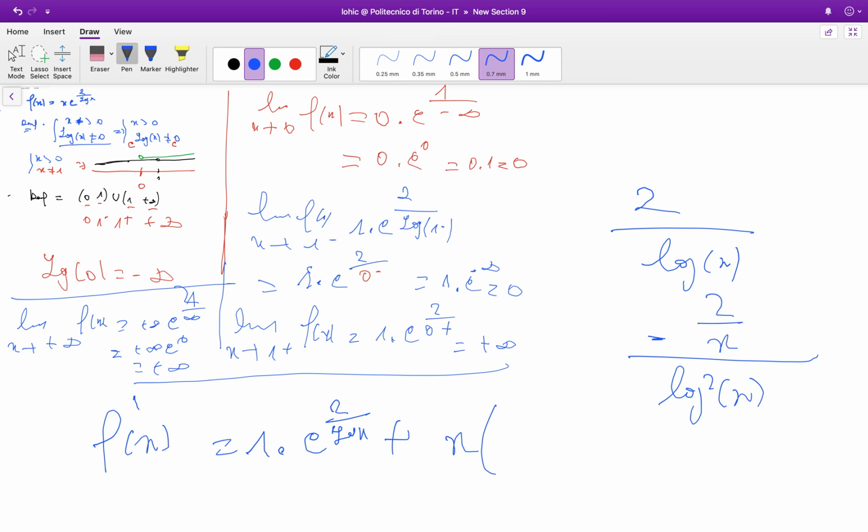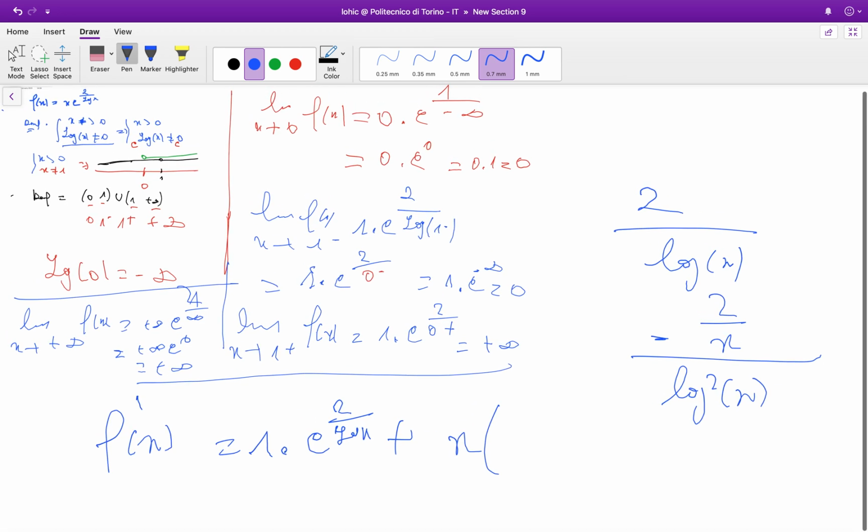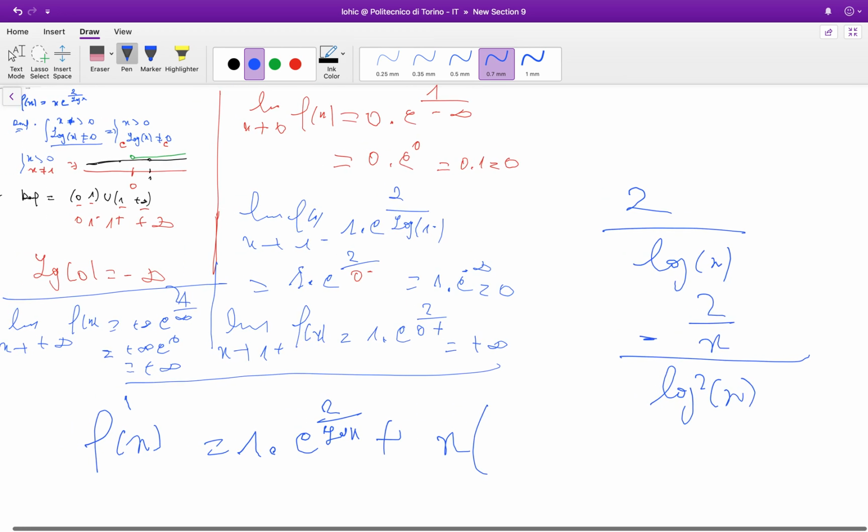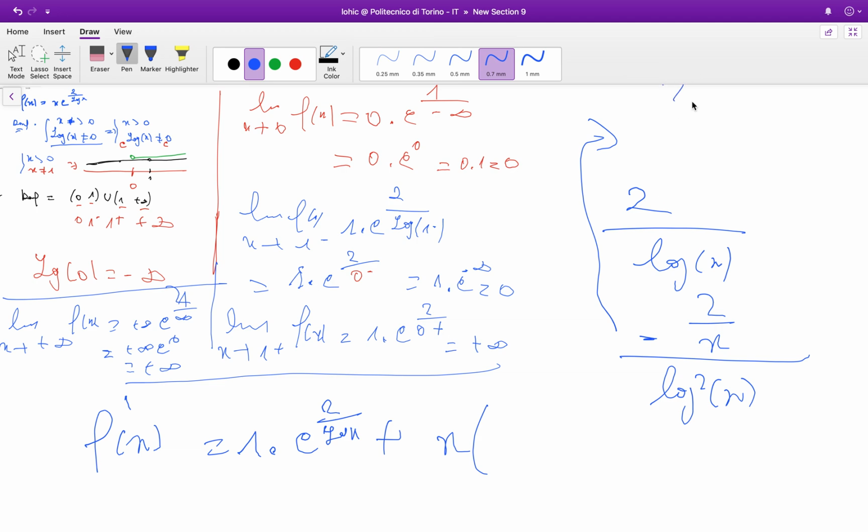Okay. Is there any doubt? If you want, this derivative here can be written like 2 minus 2 over x log square of x.